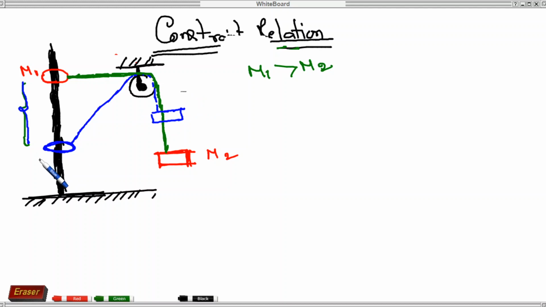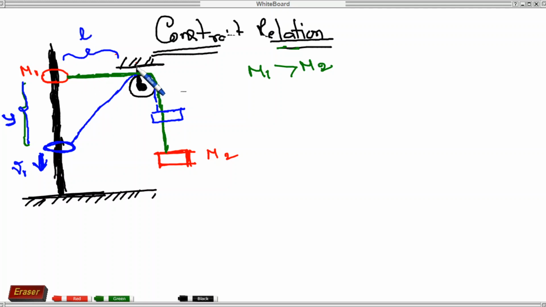After some time it will have a velocity v1. Suppose after traveling y distance it has a velocity v1. This distance is given, it's fixed, that's why it's a constant.